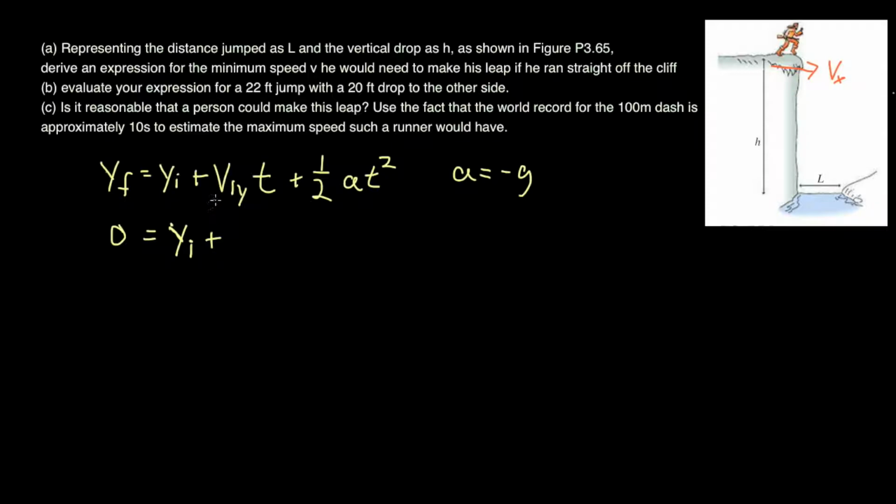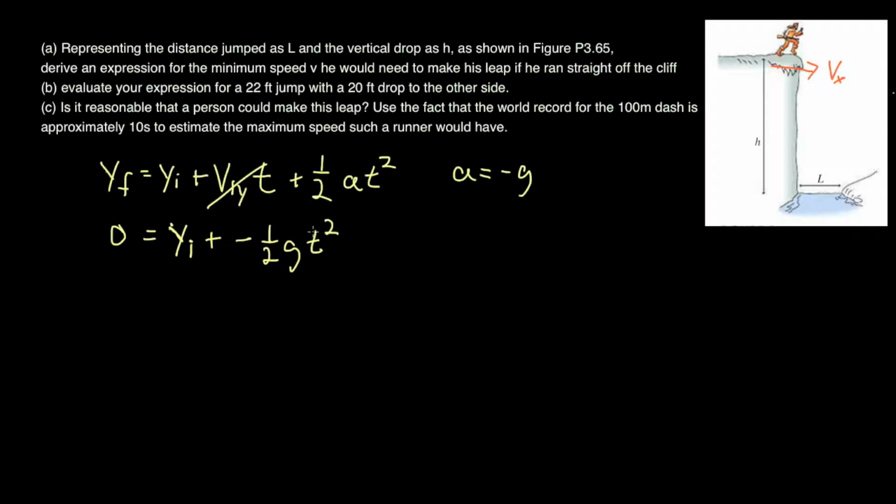If it's free fall, it's going to be 0, so this term goes away. And the acceleration is just going to be negative g, so this just becomes negative 1/2 g t squared.